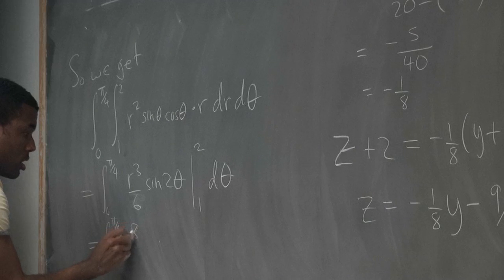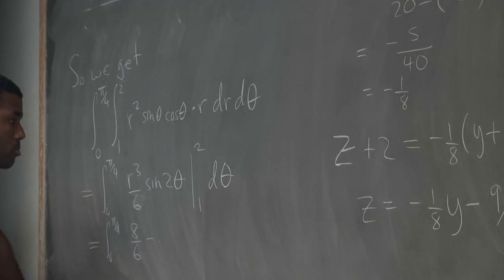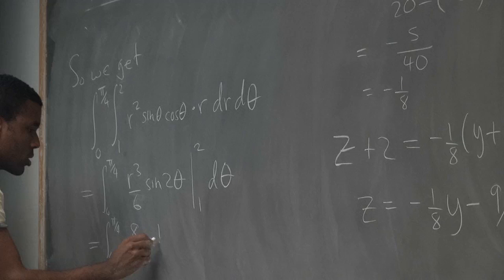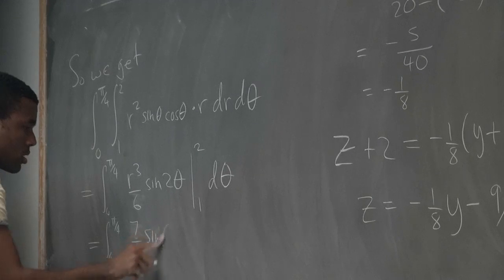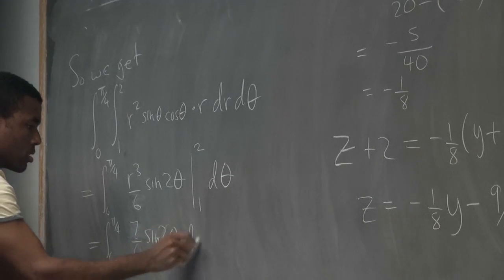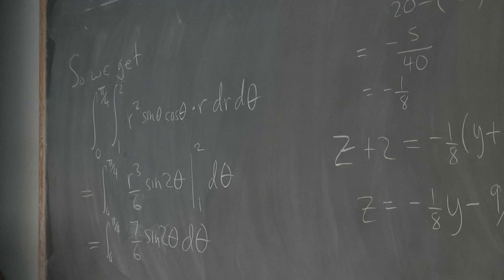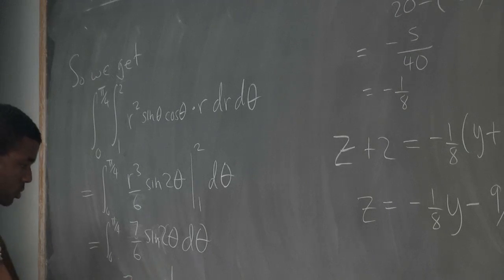I get 8 over 6 minus 1 over 6. So that's 7 over 6. Sine 2 theta. So then this becomes 7 over 12 sine 2 theta between 0 and pi over 4.